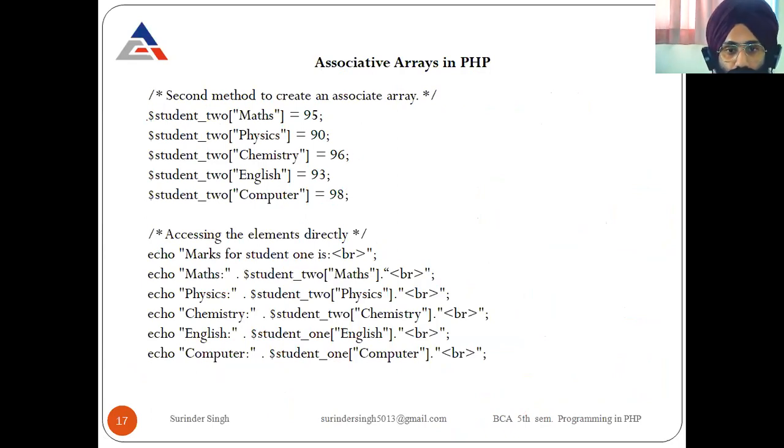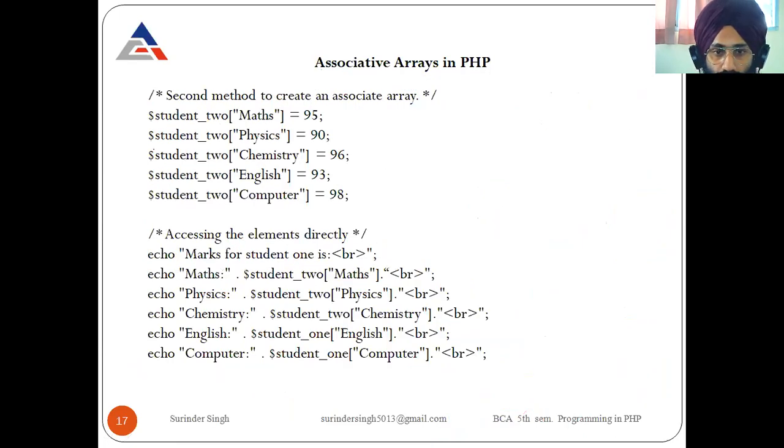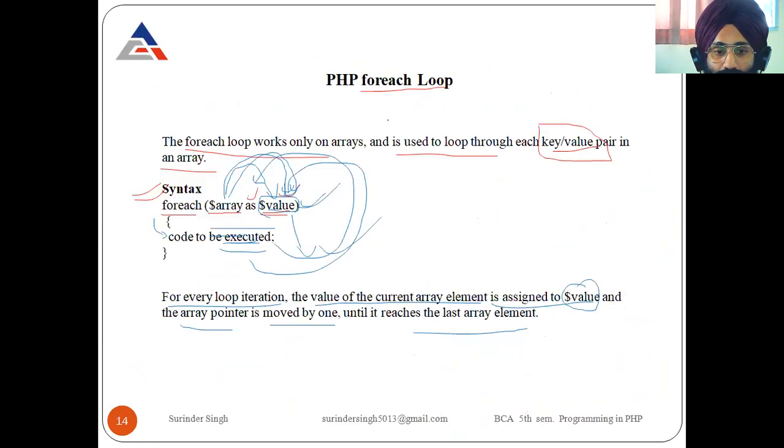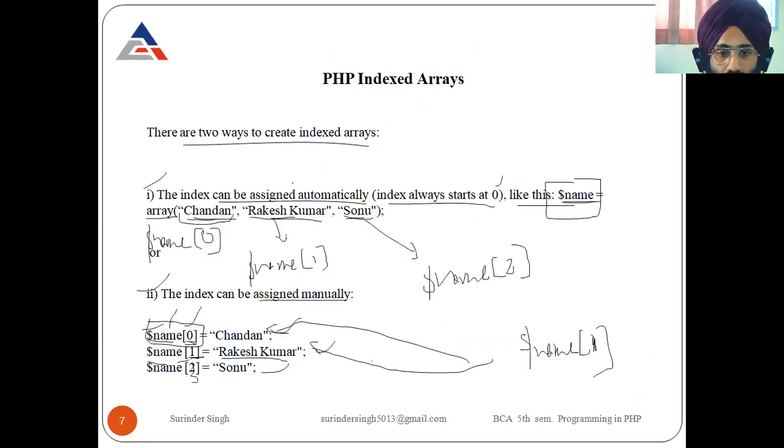This is the first method, where you use the array function, and here you are passing the keys and values. Clear? And this is the second method, as we saw in the indexed array. In the first method using the array function, you pass simple values in an indexed array, but in an associative array you have to pass keys also.